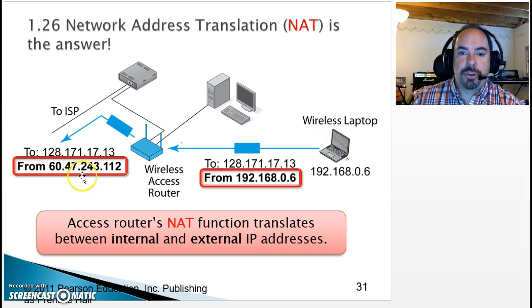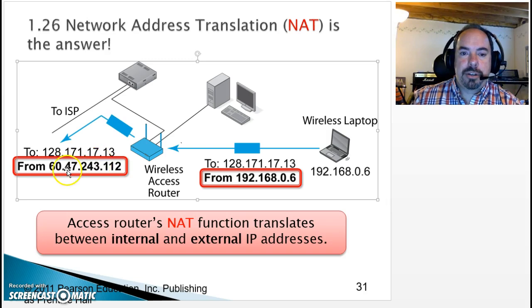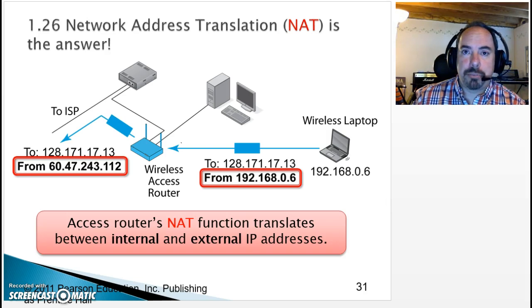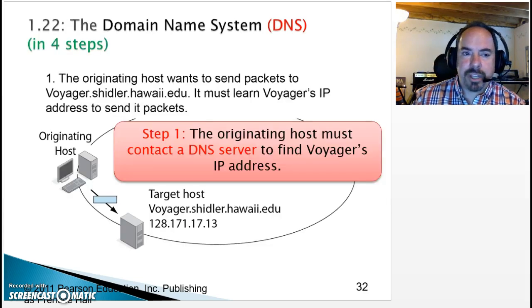So, for example, your external address might be something like 60.47.243.112, but inside your network it's going to translate that to 192.168.0.6 or whatever internal scheme you're using on your network. So it translates an internal address to an external address. It's for sharing multiple IP addresses. It's also a security feature, as we'll see.